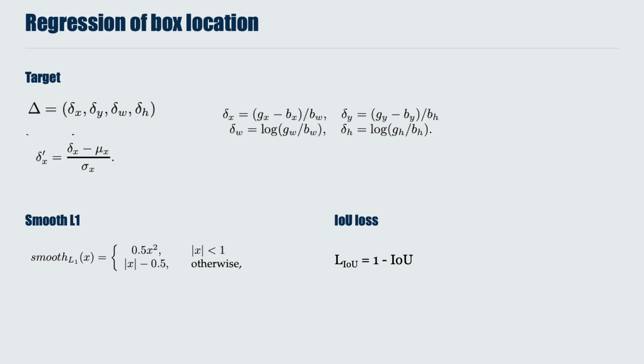And you can also use a loss over the intersection over union results between the box that you are predicting and the ground truth box.